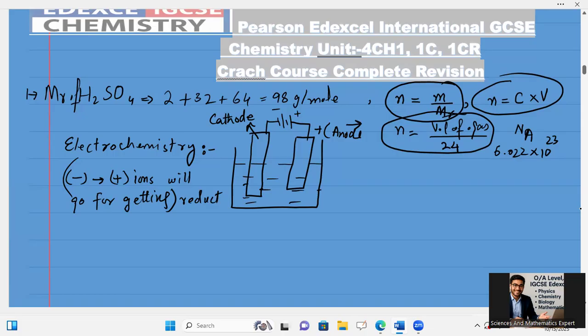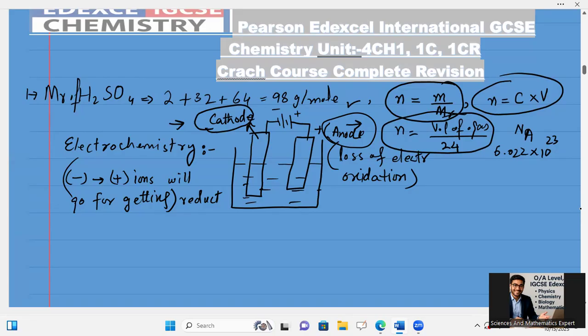And on the other end, at the anode, the ions with negative charge will come and lose electrons, which is called oxidation. So loss of electrons is related to oxidation. Both anode and cathode should be kept in mind while solving all of these basic concepts.